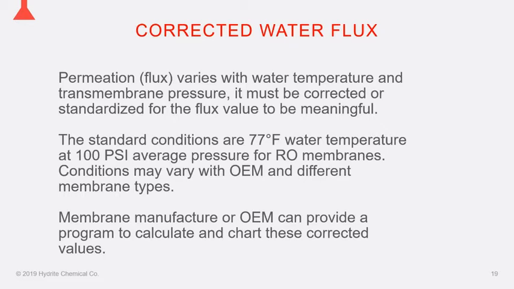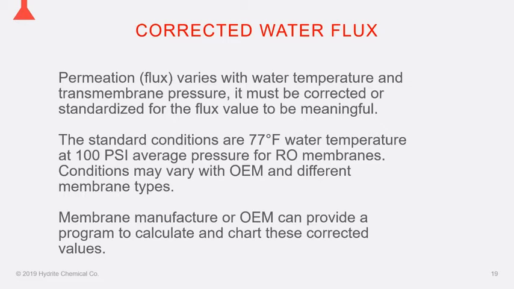But generally, if your water temperature can vary from day to day, and you trend flux readings, you could see something like this happening, where, oh my gosh, it looks like it's all over the place. Looks like some days got good cleaning, other days it was bad. And that could be due to the parameter variations of temperature. So this can be corrected, and on one of the next slides, we might have a normalized flux reading.